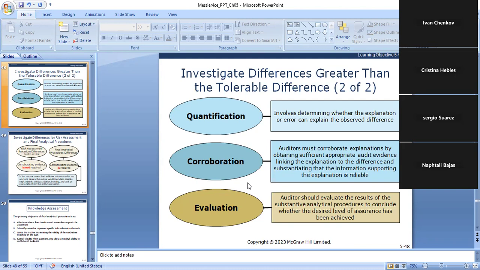So we have the difference, we have the documentation. Does this document actually support and explain what happened? Evaluation: the auditor should evaluate the results of the substantive analytical procedures in order to conclude whether the desired level of assurance has been achieved. Again, everything is tied to the level of assurance. Did we get the level of assurance that we want?